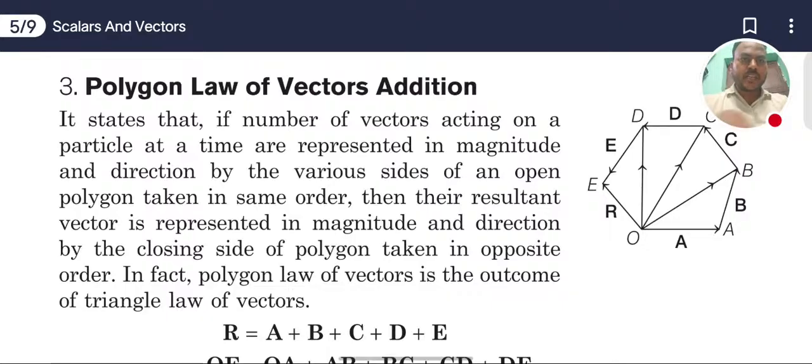Here it is written: various sides of an open polygon taken in the same order.